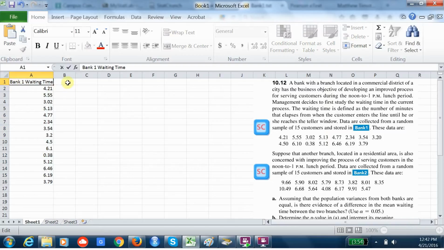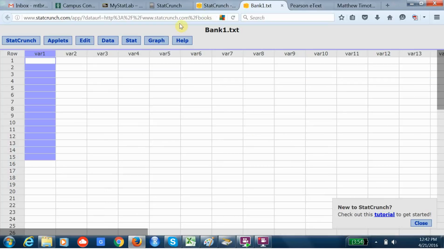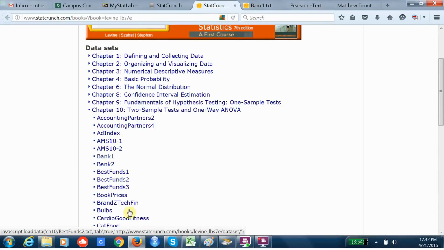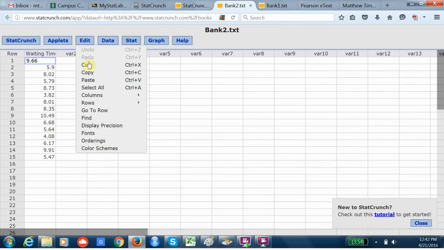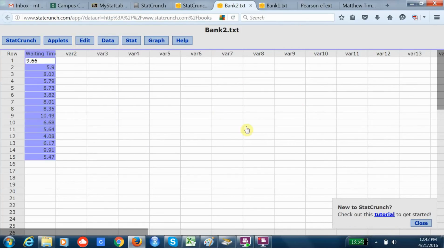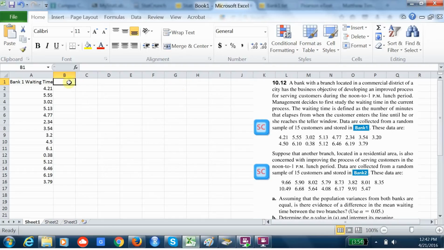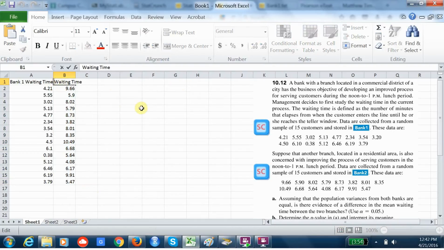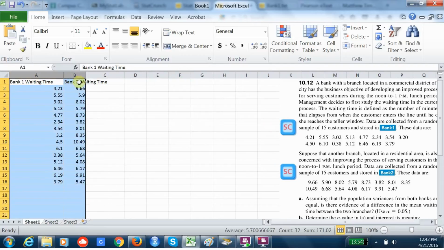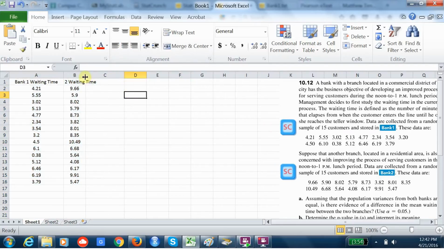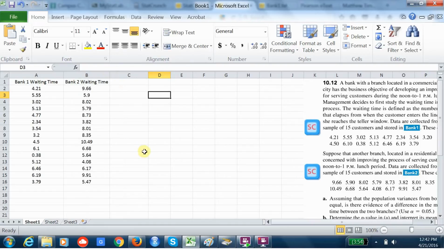Now I'm going to do the same thing for Bank 2: select all, copy, and paste that. These waiting times are in minutes. We always want to be cognizant of what our units are. I'm going to center each of these. There we go, so we're all set.